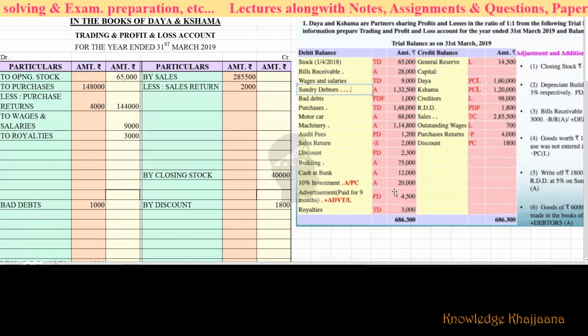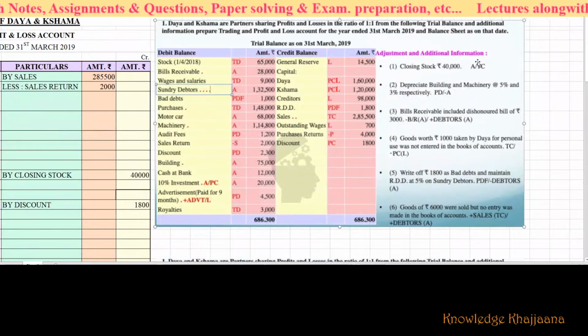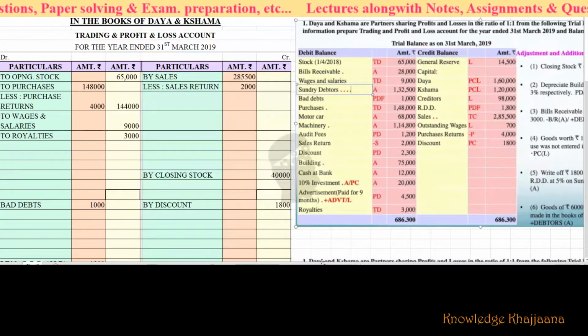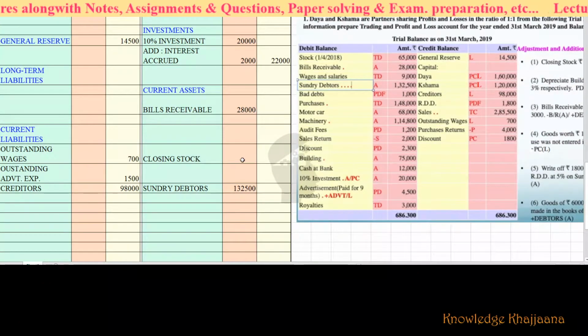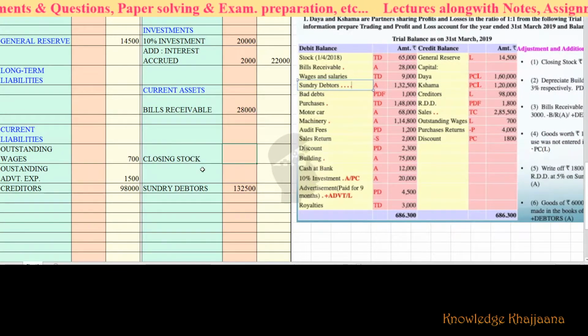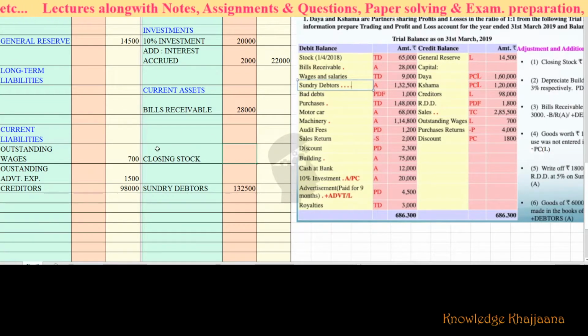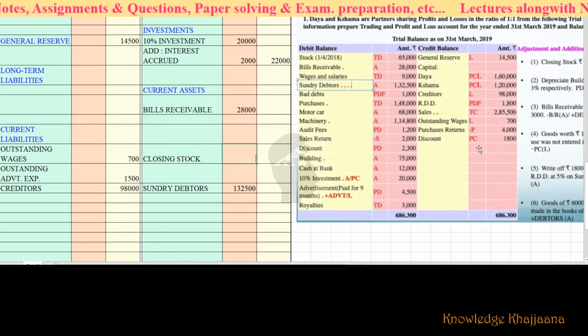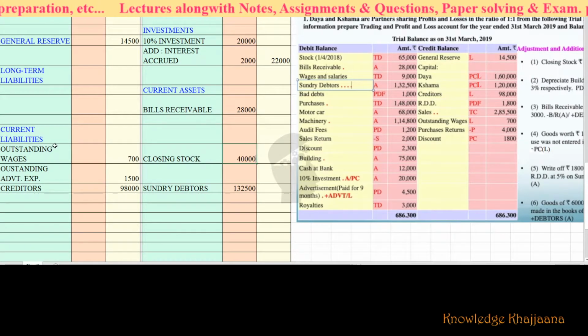Okay, then the second adjustment will be at the asset side, right? Asset side, closing stock. Okay, it is a current asset, so we can write that item. So closing stock rupees 40,000.